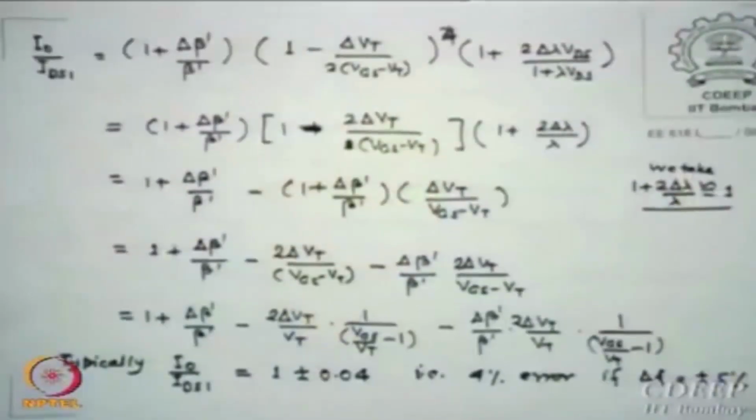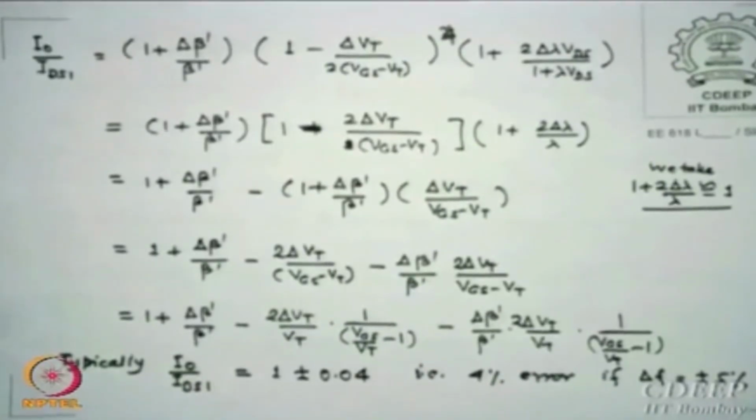So in case you need a very strong source with no variations, one possibility is that we can play with the parameters so that it can be minimized. Of course 4% error is normally acceptable in most cases, but in case you require lower than that, then you must try to see whether we can minimize it.